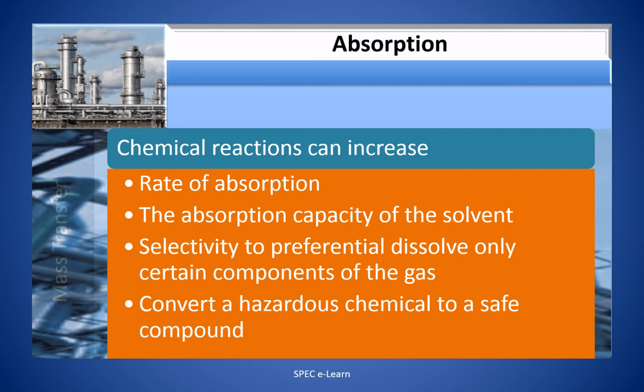Chemical reactions can increase the rate of absorption, the absorption capacity of the solvent, and selectivity to preferentially dissolve only certain components of the gas, and convert a hazardous chemical into a safe compound.